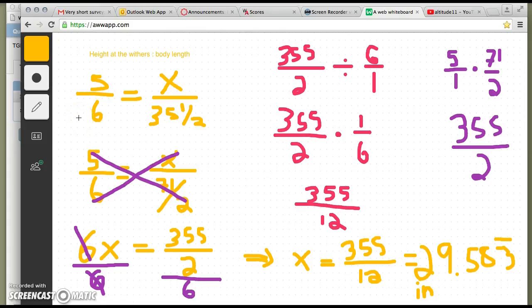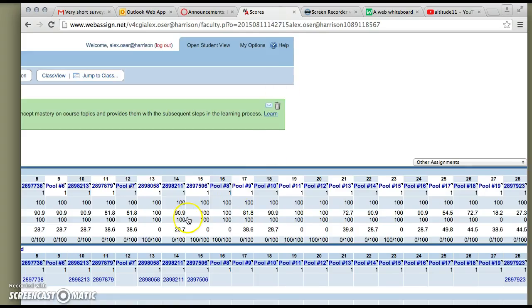All right. So the next problem then, problem number 7, was the next one on the list. Let's take a look at it.